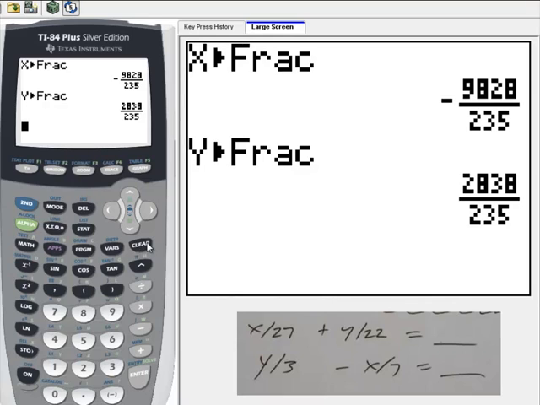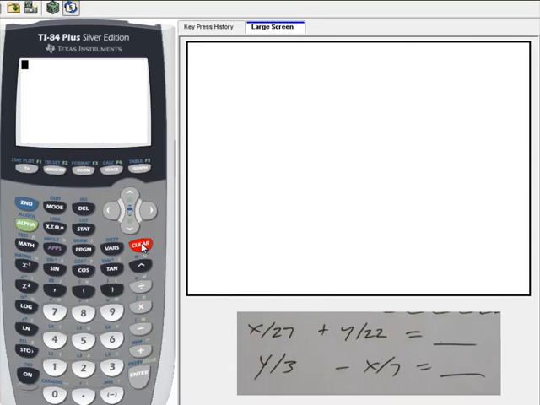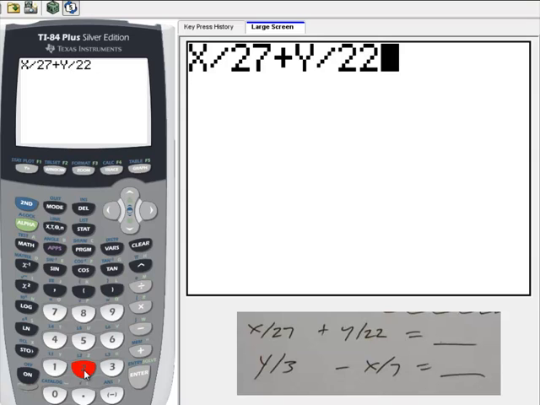Alright, at the calculator, we perhaps clear the home screen and proceed with our first left-hand side. X divided by 27 plus y divided by 22. Okay, enter.